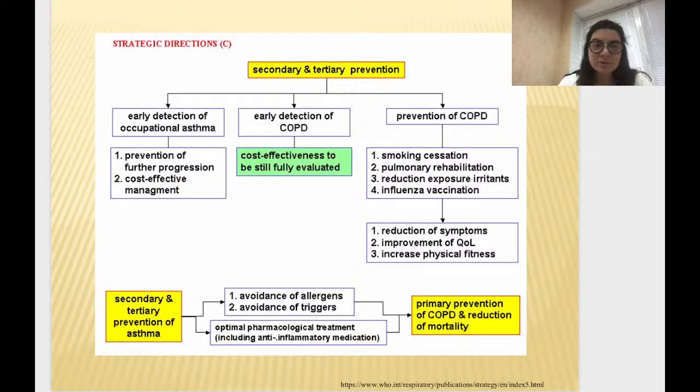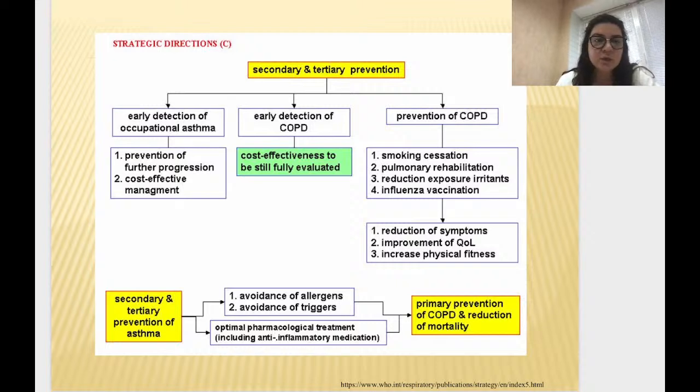And secondary prevention is more complex. When bronchoobstruction is present, we prevent further worsening and further progression of different disorders, and first of all, prevention of COPD.